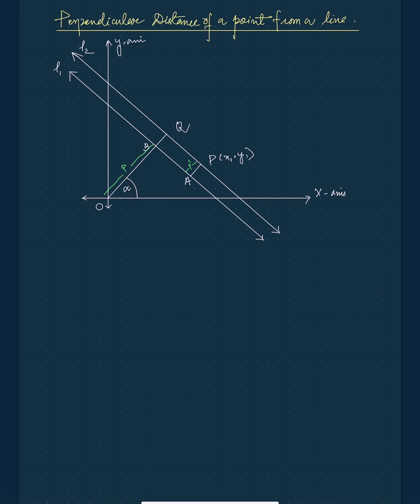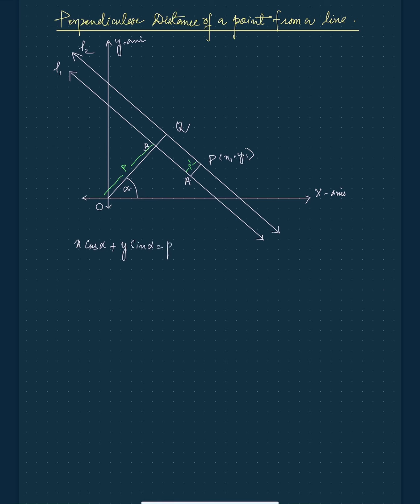Then we know the equation of this line. It will be x cos alpha plus y sin alpha is equal to p.